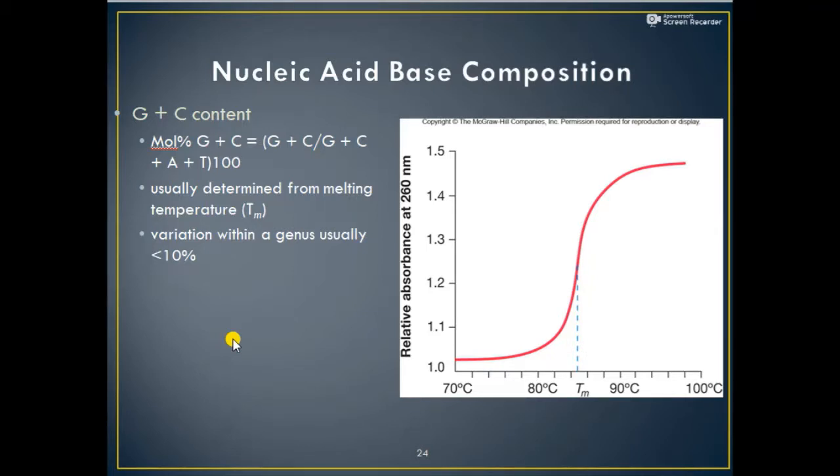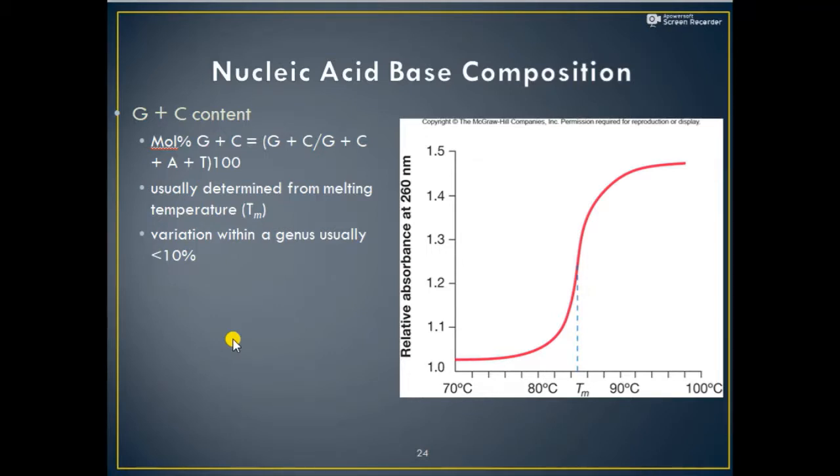So if the G plus C content of a group of microbes varies by less than 10 percent, then you can include that group of organisms in a particular genus.